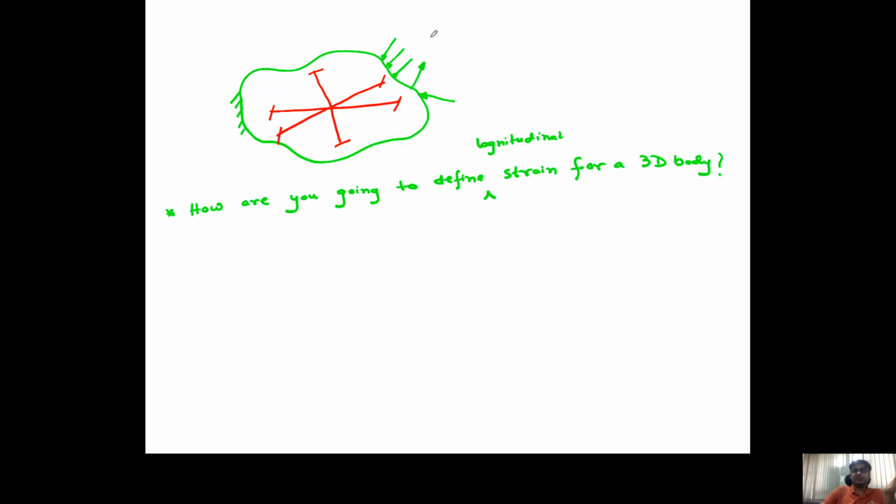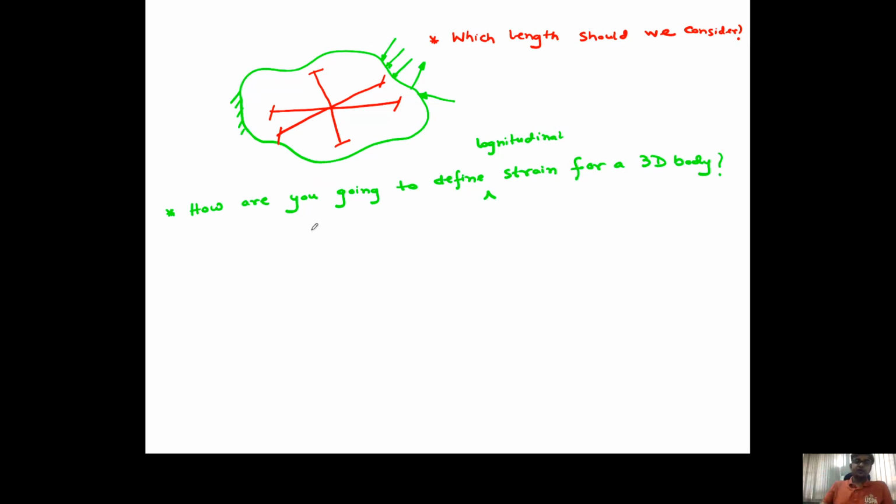So the follow-up question is, which length should we consider? If we want to define strain in a 3D body as change in length by actual length, then what is this actual length? It is the length in which direction? There are infinite number of directions. So this brings us to an important point.